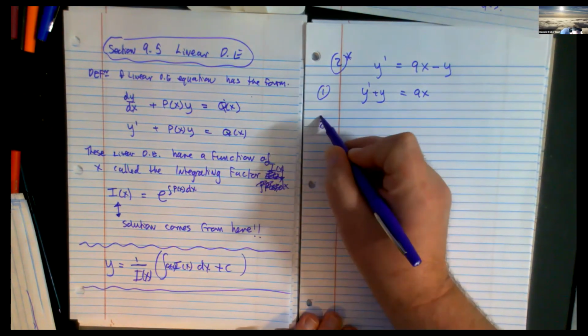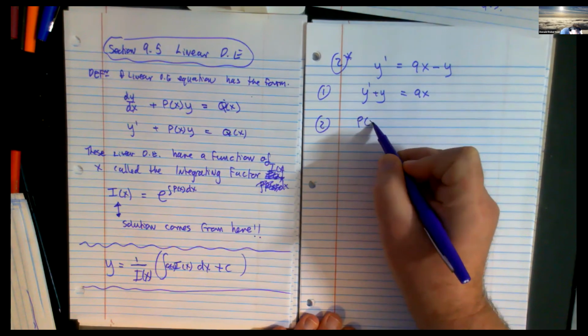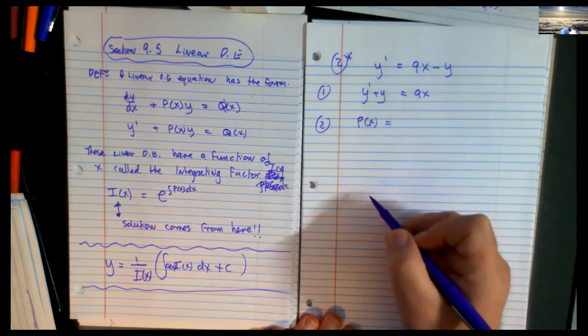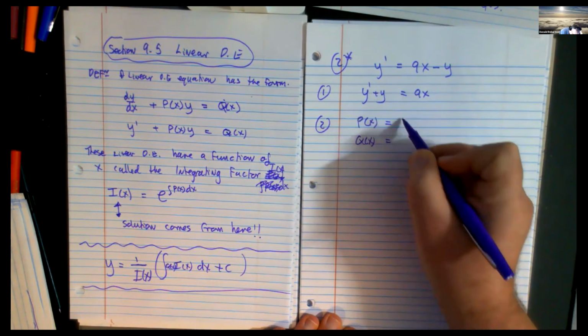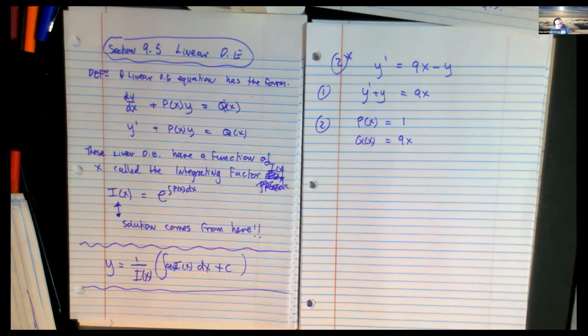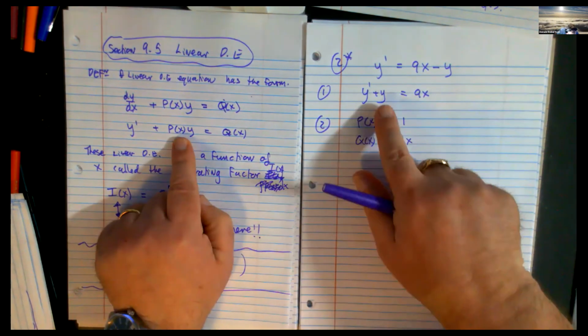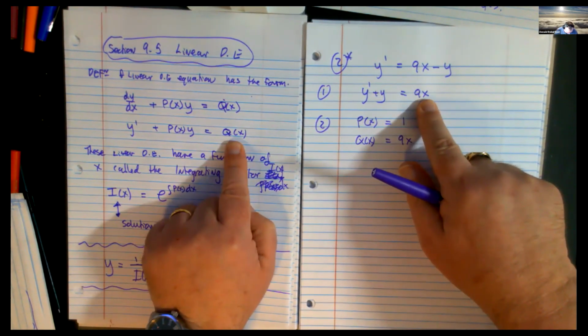Now step 2 would be identifying who your p is and who your q is. And p is 1 and q is 9x. Are you happy about that step? P is whatever's next to the y, q is whatever is on the right hand side.